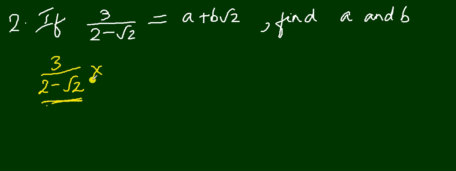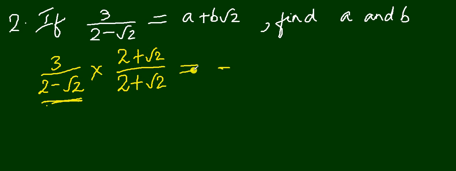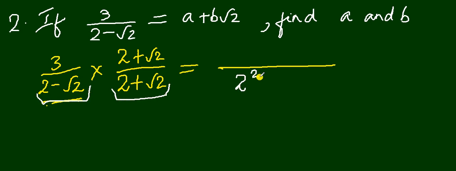So I will have my rationalizing factor as 2 plus root 2, and the same number I multiply on the top. Then I try to expand the numerator and denominator separately. So in the denominator, as you can see, you have the terms a minus b and a plus b, which will give me a square minus b square.